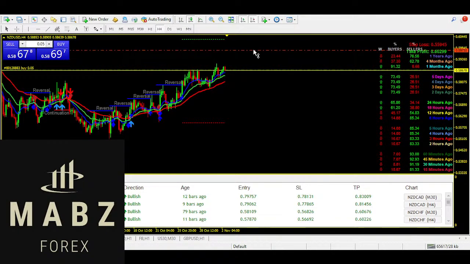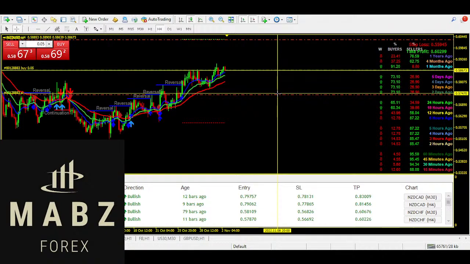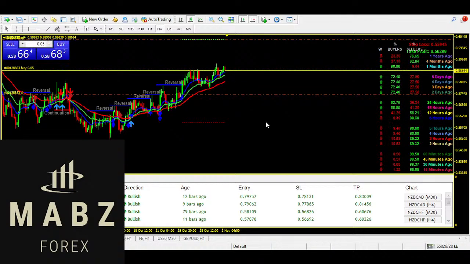My take profit is going to be at 0.60299, and my stop loss is going to be here, just to control the risk a bit. It is a secondary late entry. My stop loss is at 0.57416. That's where my stop loss is.